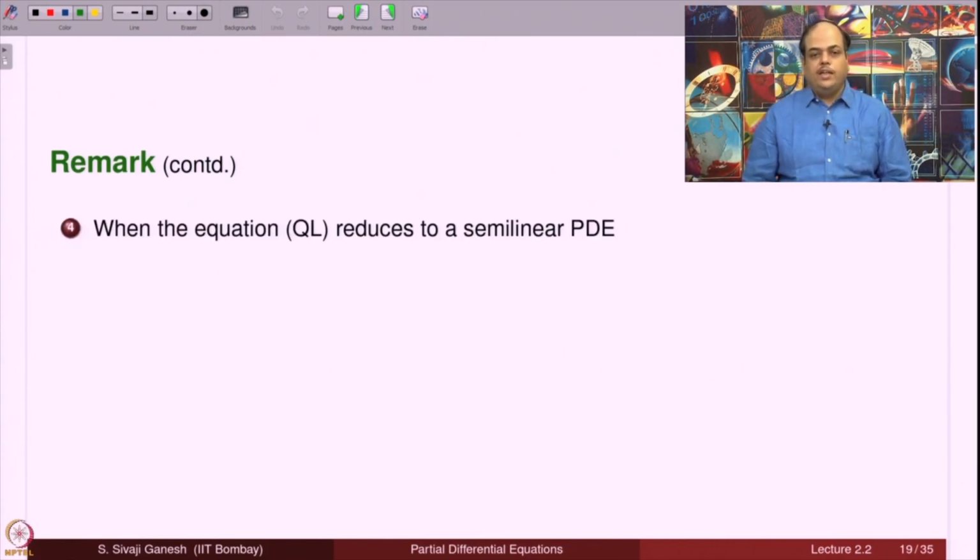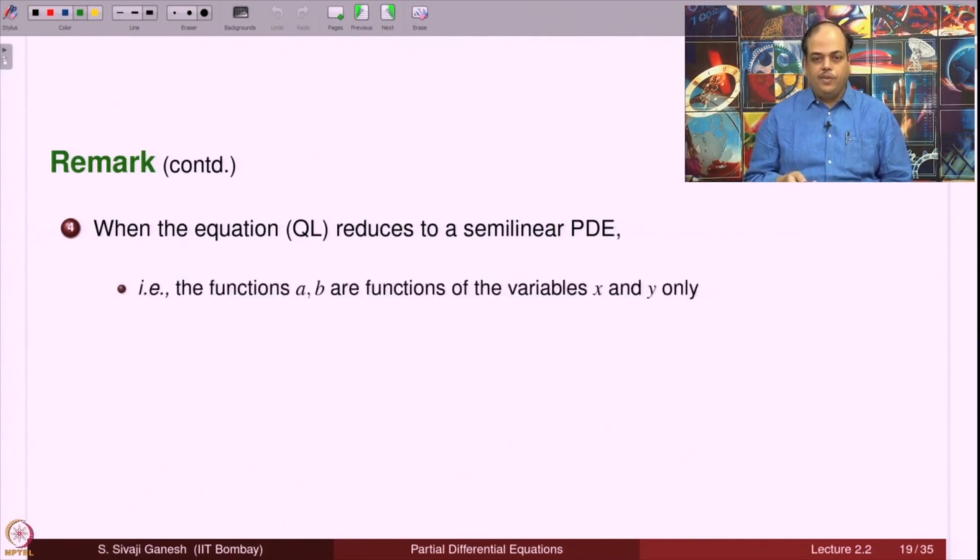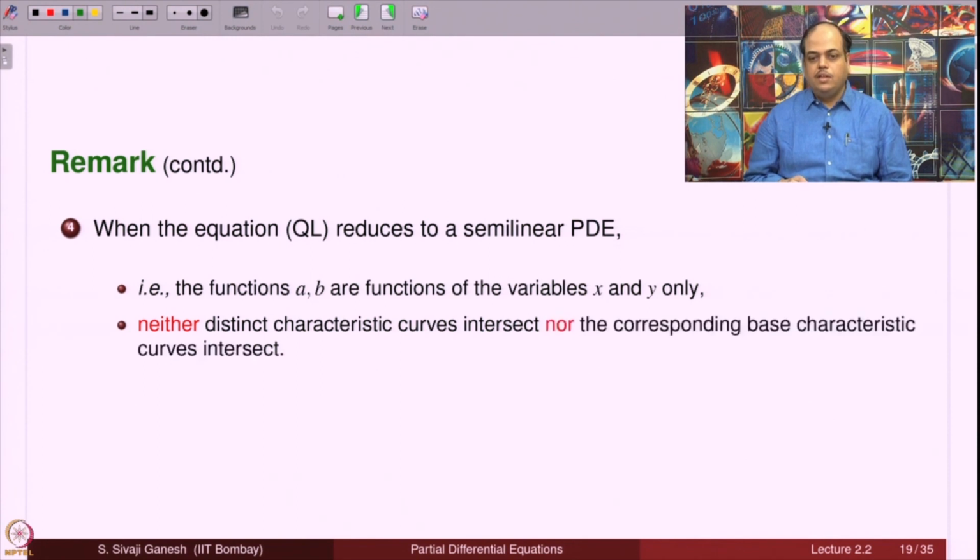So, when the quasilinear equation reduces to a semilinear equation, what happens? A, B are not functions of the third variable anymore, they depend only on the x and y variables. Then neither distinct characteristic curves intersect, that we know even for quasilinear equations, nor the corresponding base characteristic curves intersect. Because what is a base characteristic curve?